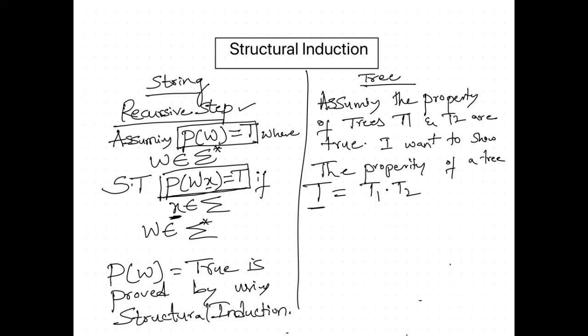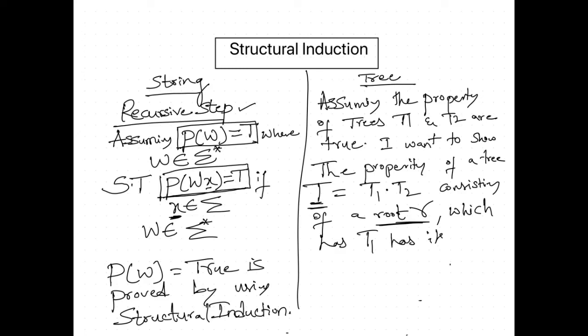So what does this tree contain? It consists of a root R, the root of this particular tree T. This root again has a left tree and a right tree, where T1 is its left tree and T2 is its right tree.